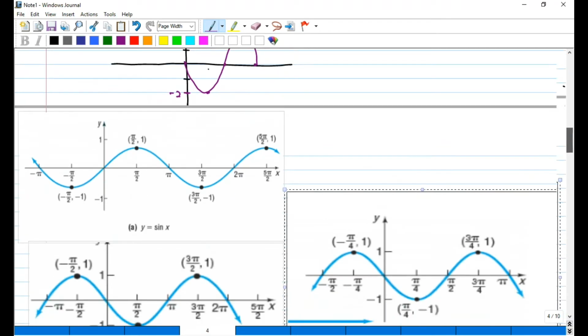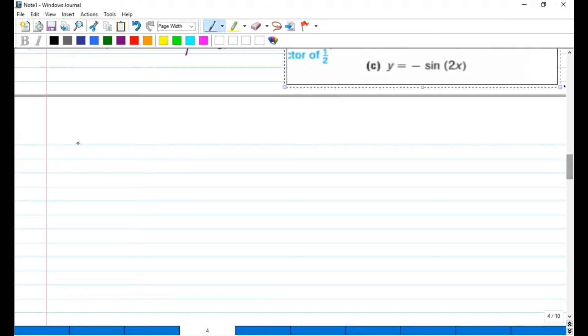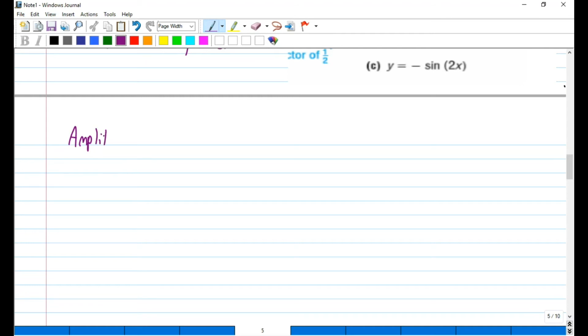I've already shown you how to find the amplitude, right? So amplitude is always going to be, in that general form, the absolute value of A. Now, the period, the variable that we use for period is T, capital T. I have no idea why.